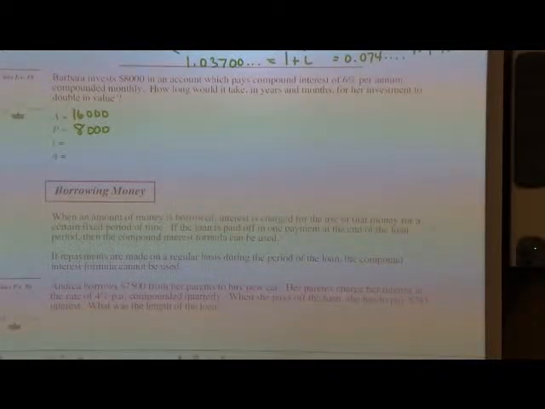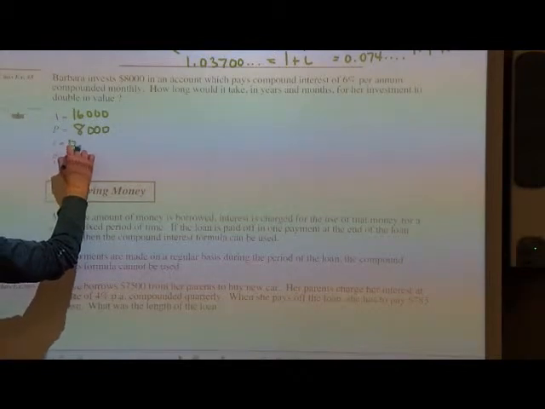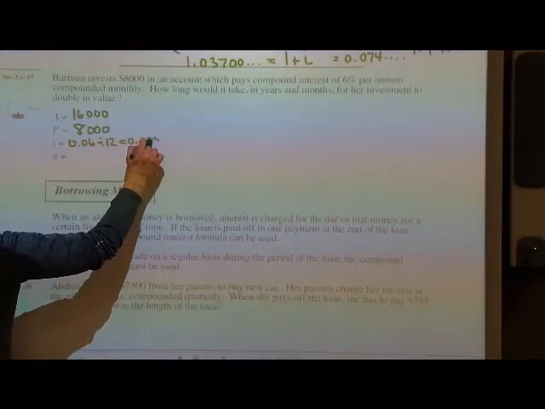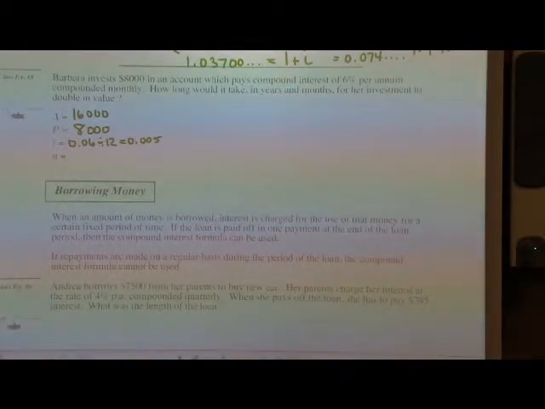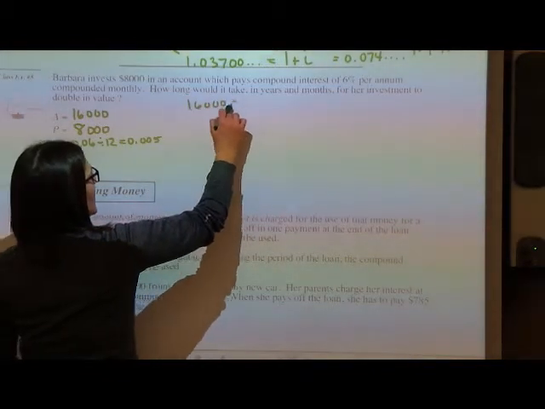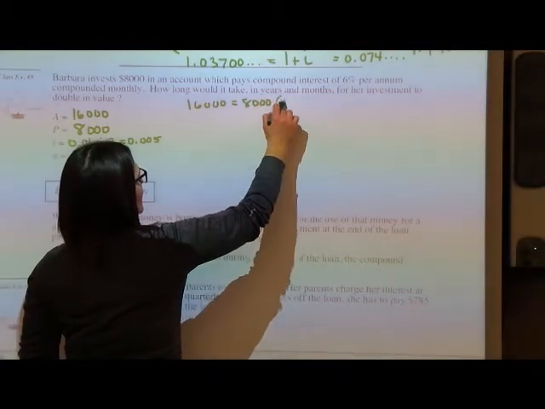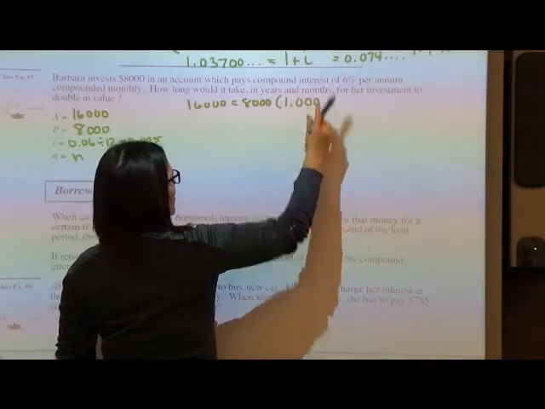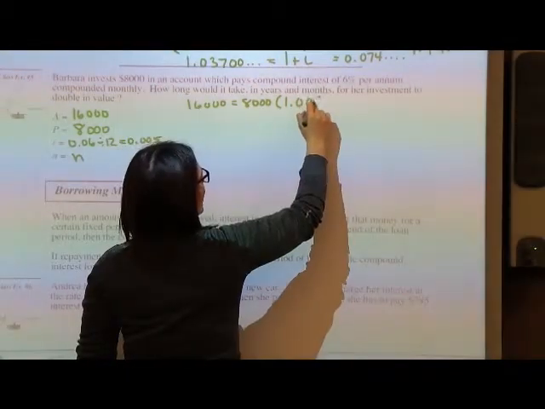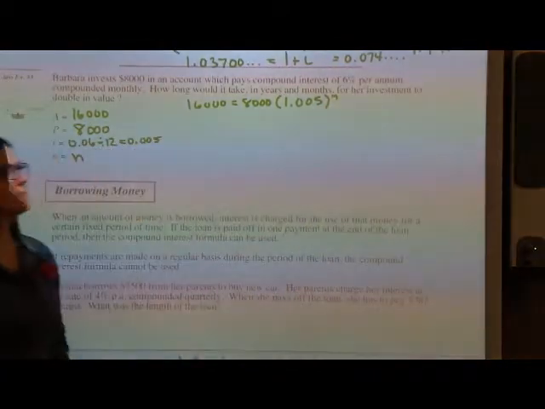Would you take your 6% and divide it by 12? Why 12? Because it's monthly. Right. So you get 0.005. Okay, and then n is what I'm trying to find. So I get 16,000 equals 8,000 times 1.005 to the power of n.